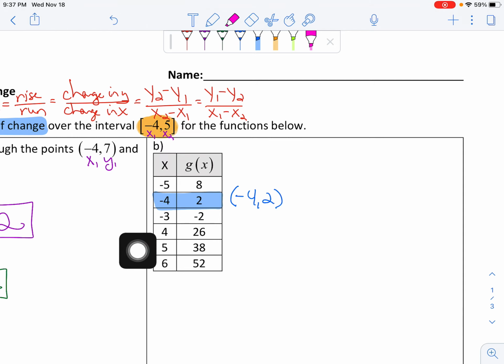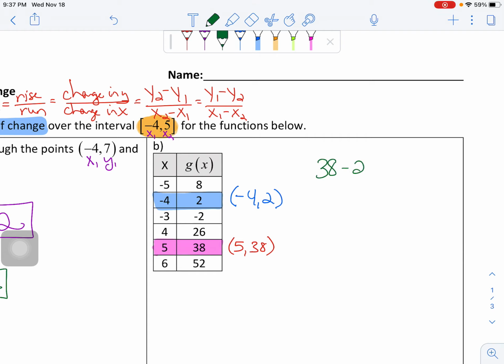The next x value I'm looking for here is 5. So I'm going to slide on down to 5. And the fun part with this one is none of the other values in the table are going to matter. We're just going to focus on our two ordered pairs here and figure out what our slope is between them.